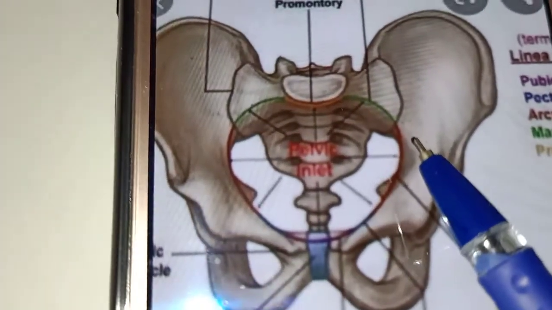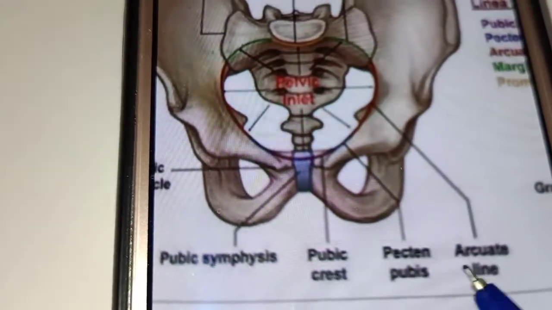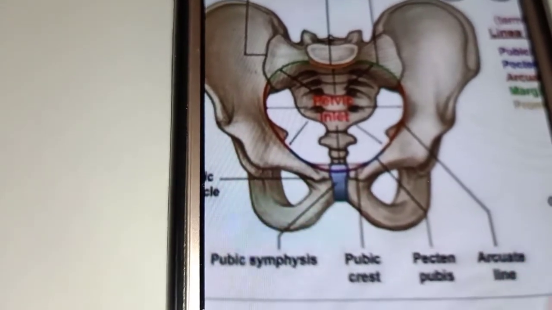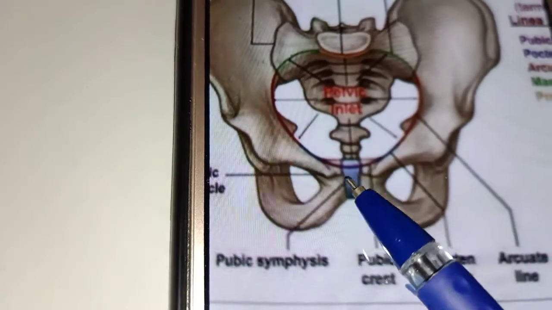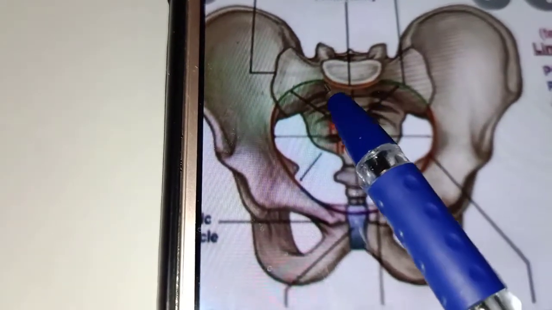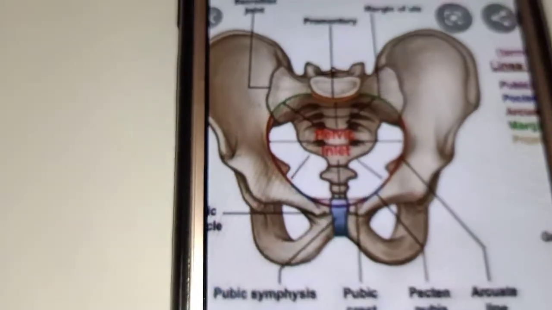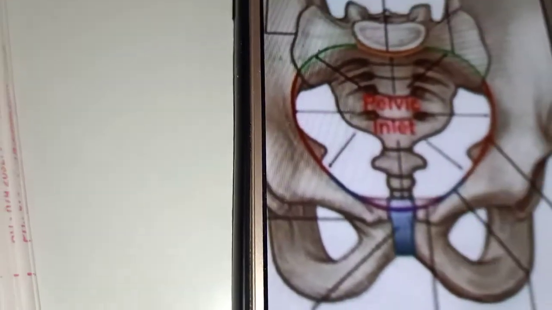Then it goes further down and it is known as the pecten pubis. Then comes the pubic crest and then the pubic symphysis. So, this is the boundary of the pelvic inlet.